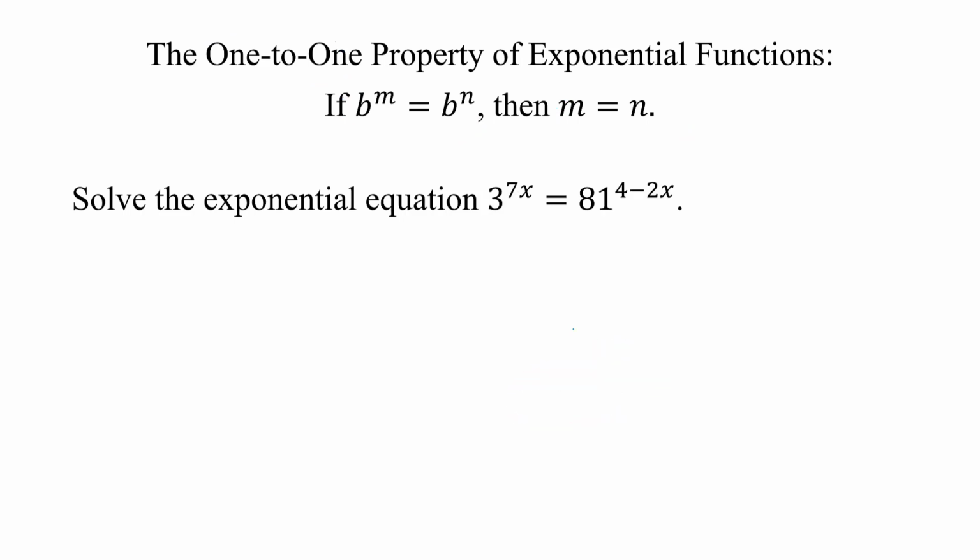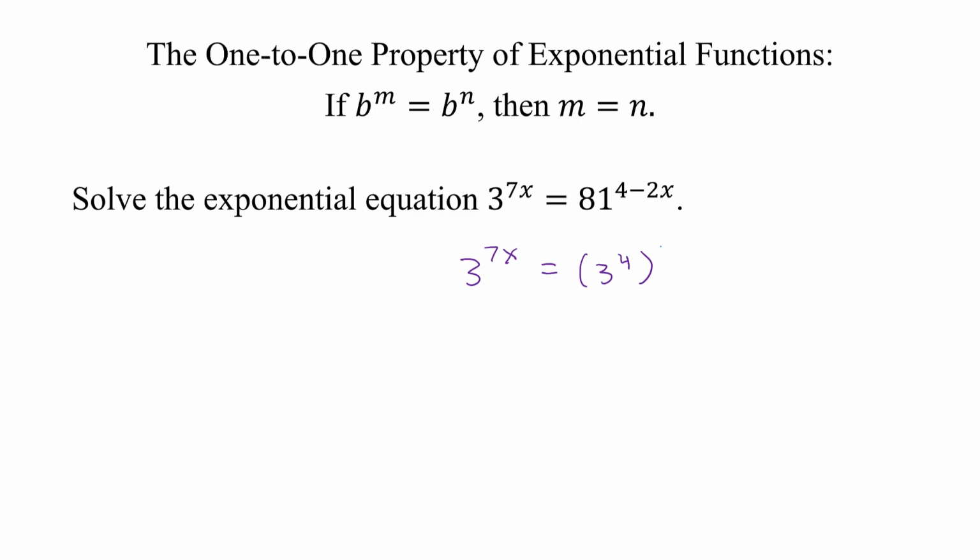Now let's try solving 3 raised to the 7x equals 81 raised to the 4 minus 2x. We have 3 as a base on the left side. To get 3 as a base on the right side, I'm going to write 81 as 3 raised to the power of, let's see, we have 3, 9, 27, 81. 3 raised to the 4th power would give me 81.